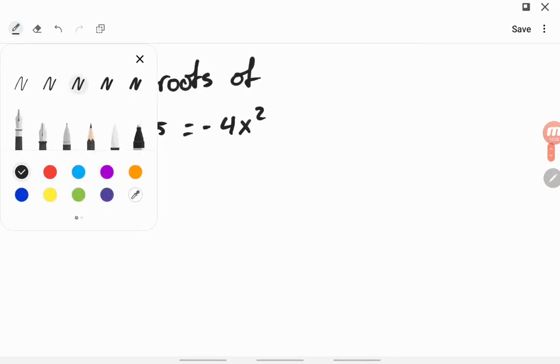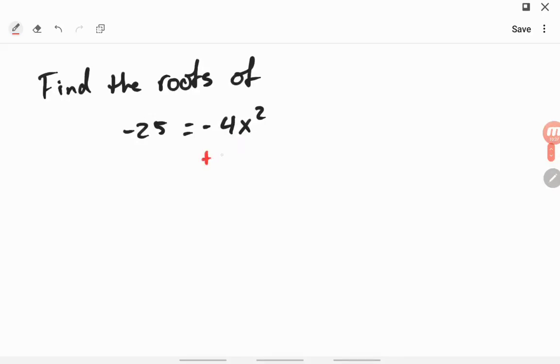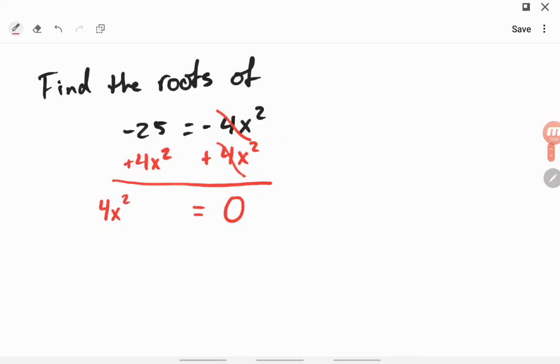So we're going to add 4x squared to both sides of our equation. Negative 4x squared plus 4x squared just equals 0. And on that left side, I now have 4x squared minus 25 equals 0. I always want to have my highest degree on the left.